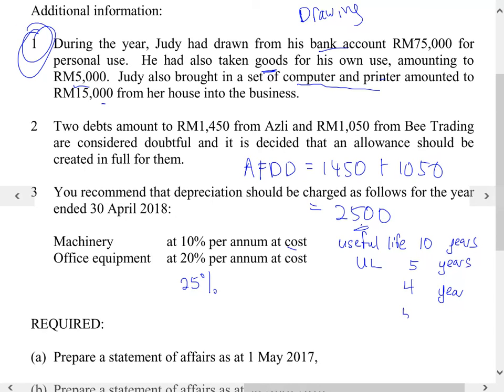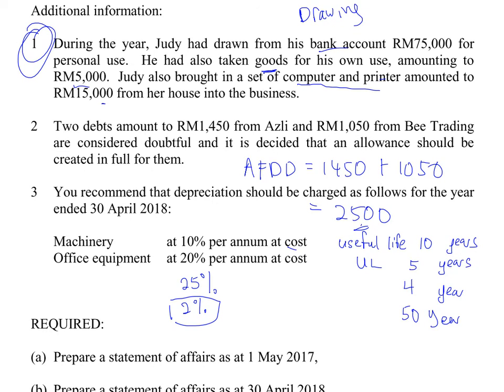If my useful life is 50 years, how many percent? 100%. I divide 50 years, every year I depreciate 2%. Understand?